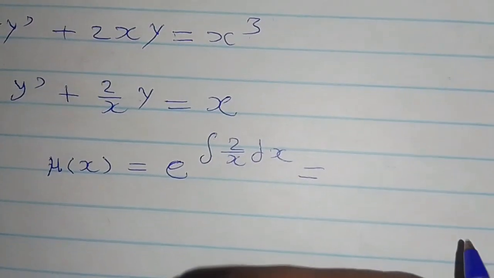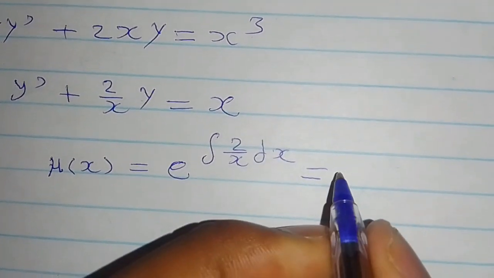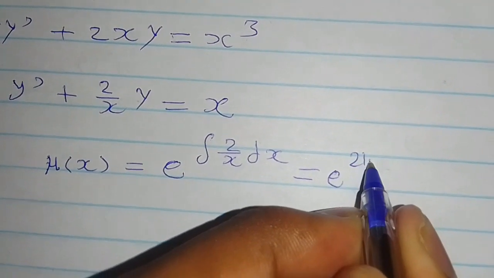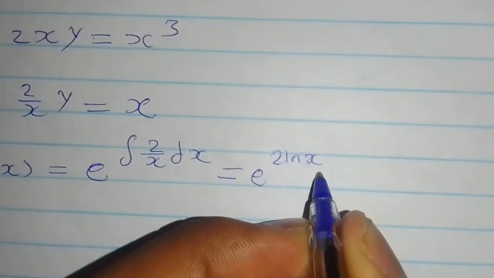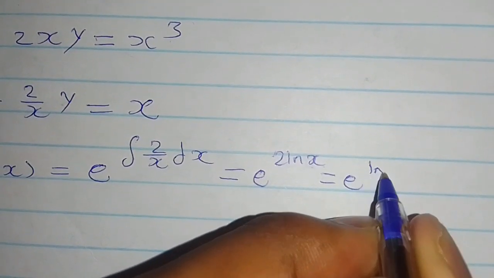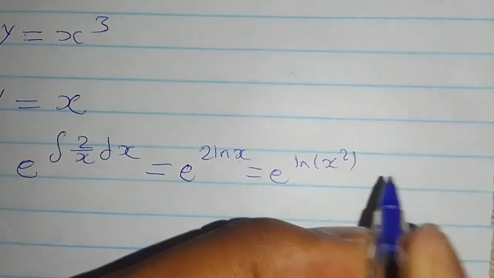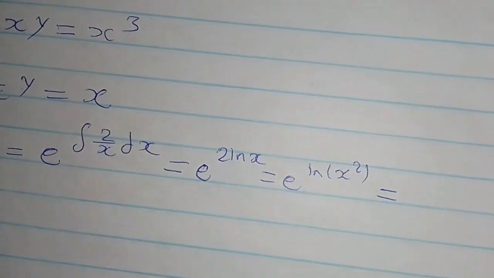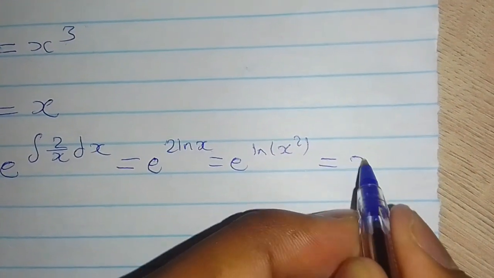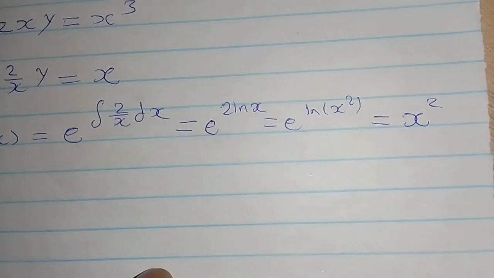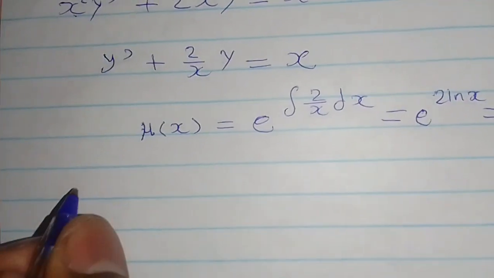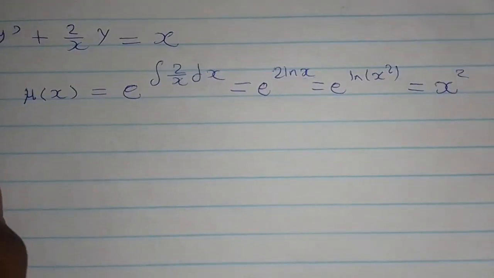E to the power of 2 ln x. Notice that you can take the 2 back inside the ln, and then you have e to the power of ln of x squared, and we already know what happens when you compose a function with its inverse, and that's just going to be x squared. So that means your integrating factor is x squared.